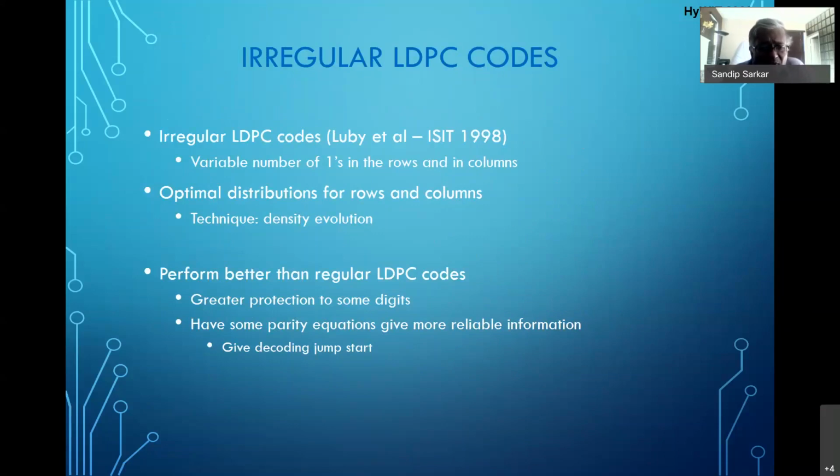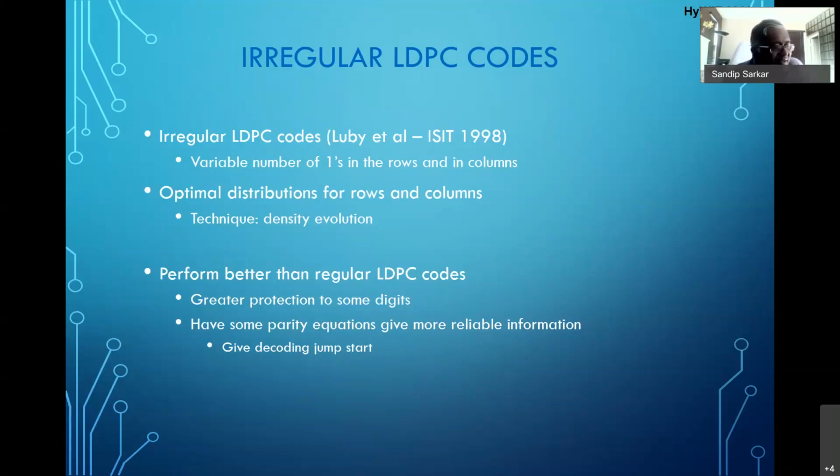They seem to perform better than regular LDPC codes, and they can also give unequal error protection to some bits. They have some parity equations which give more reliable information and hence give decoding a jump start. In LDPC codes, we decode each of these bits and then pass these bits onto the other bits and try to decode them.